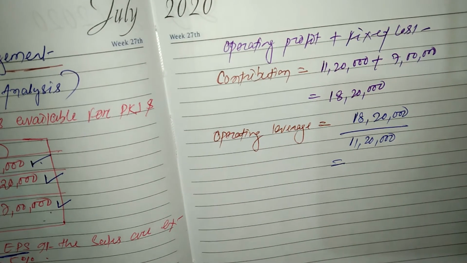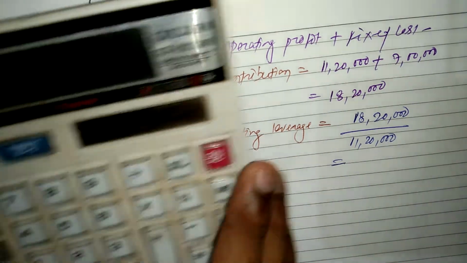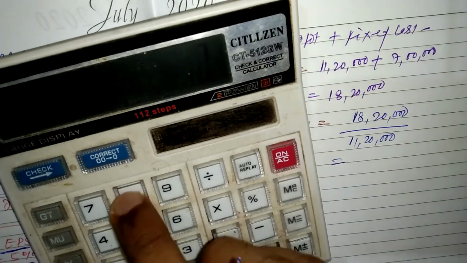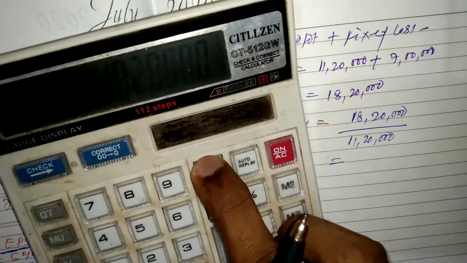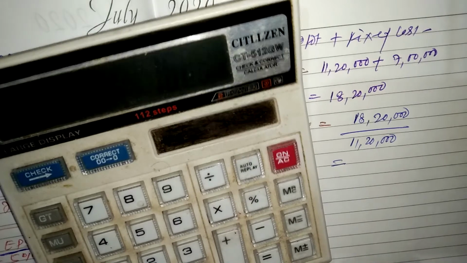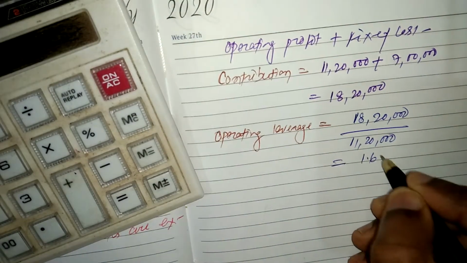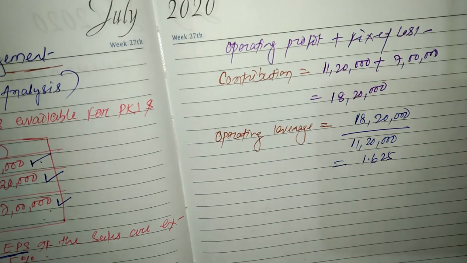Then operating leverage will be 18,20,000 divided by 11,20,000, which is 1.625. That is the operating leverage.